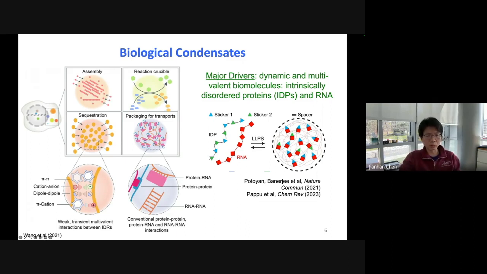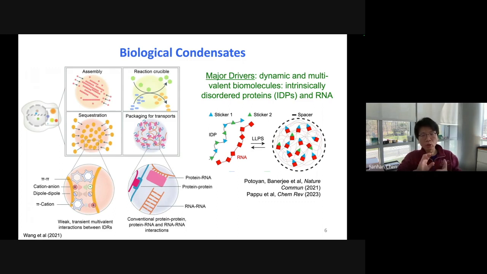And people started to look at how different types of physical interactions are key to bring these molecules together when they phase separate. These are details we do not need to talk about now. But the key thing is that the major drivers of these biological condensates are dynamic and multivalent biomolecules.